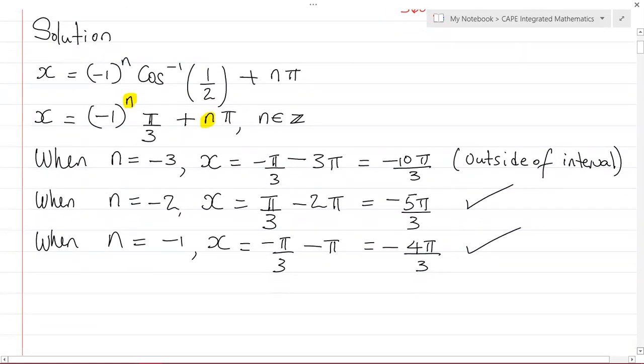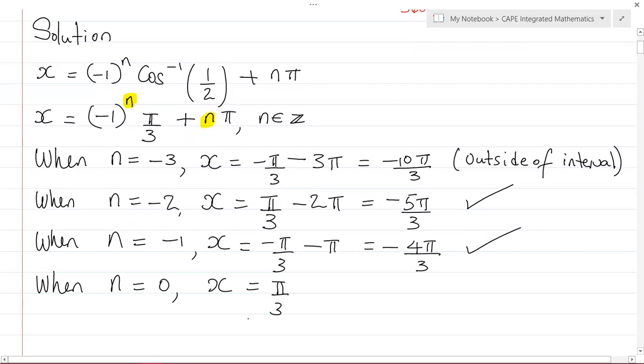All right. So my other value now after -1 is going to be 0. So when n equals 0, x equals what? You're going to have -1 to the power of n. N is 0, so -1 to the 0 is going to give me 1, multiplied by pi over 3, which will give me pi over 3. Plus n pi. N is 0, so that's 0 times pi, which is 0.